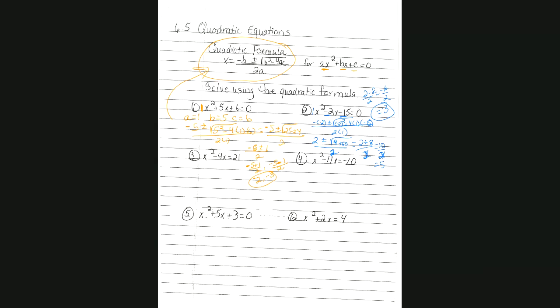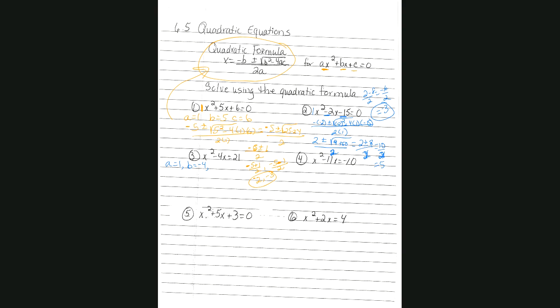All right, for number 3, the quadratic formula. And hey, I can't erase the page. But what I probably will have to do is set them up and give you the answers. All right, for number 3, your A is 1. Your B is negative 4.